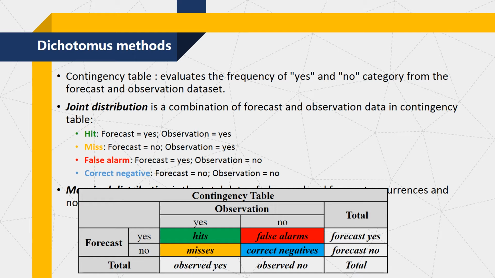And we will have a correct negative if both forecast and observation say no, or there is no signal in the forecast and there is no occurrence in real conditions. The totals of observed and forecast occurrence and non-occurrence in the contingency table are called marginal distributions. For example, it can be used to verify the precipitation parameter.